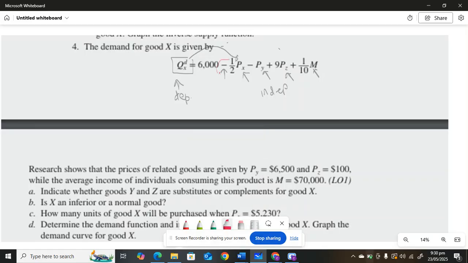This minus sign in front of negative half PX indicates a negative relationship between the price of good X and the quantity demanded, which is telling us that if the price of good X goes up, quantity demanded for good X is going to go down because of this minus sign.